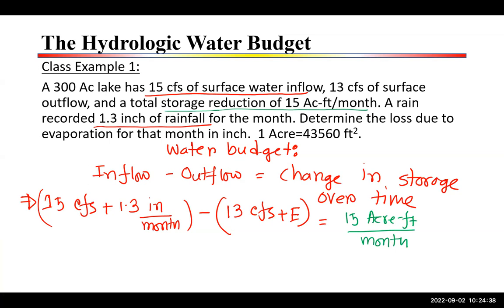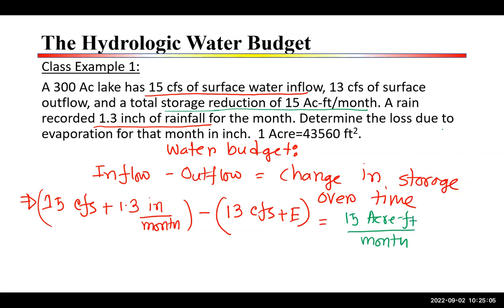Okay, now we have everything in multiple different units. So we need to find out the best way to get the final answer. We need to find evaporation in which unit? Inch per month, right? Are you seeing that?